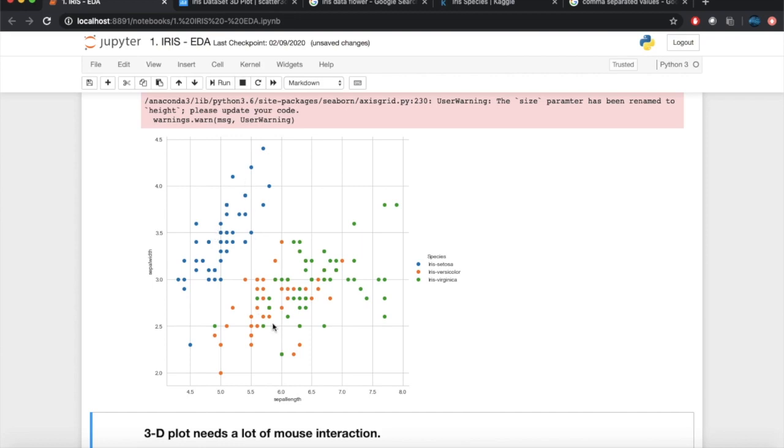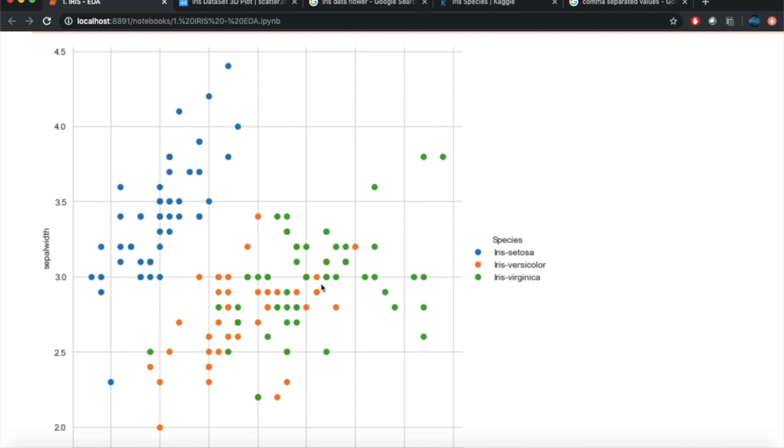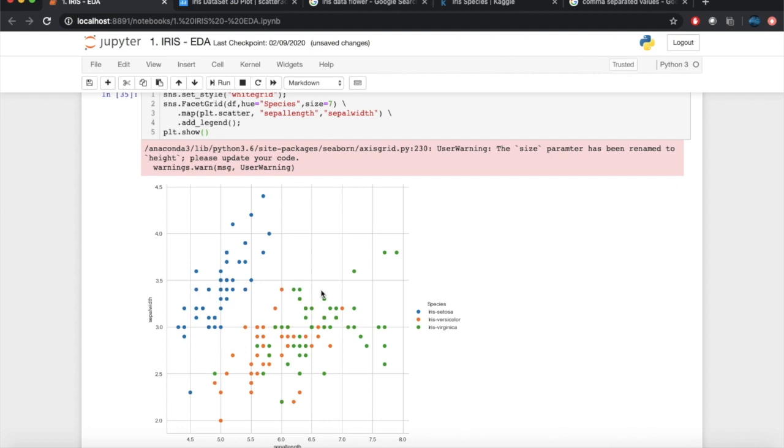Here you can see that setosa is properly divided from versicolor and virginica, but we can't divide versicolor and virginica because they are completely overlapping, with some points here, some points there. We cannot classify the type from only seeing this.